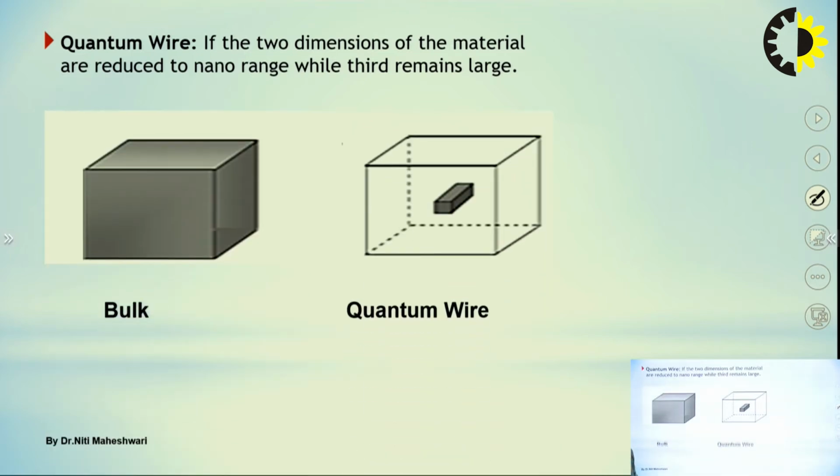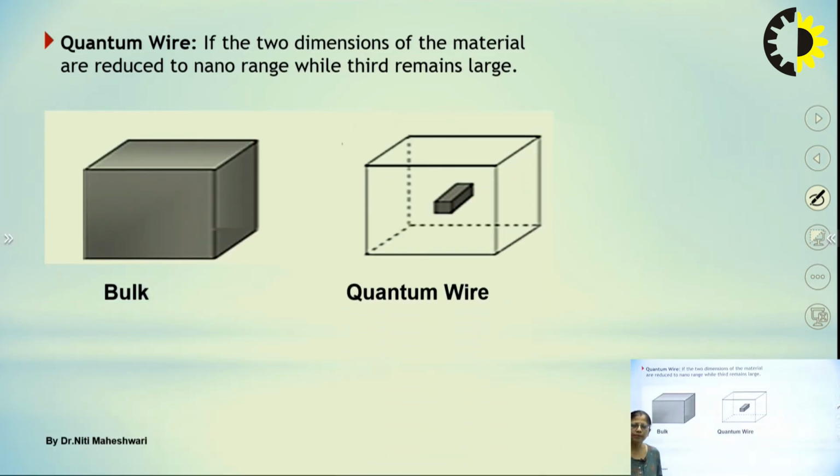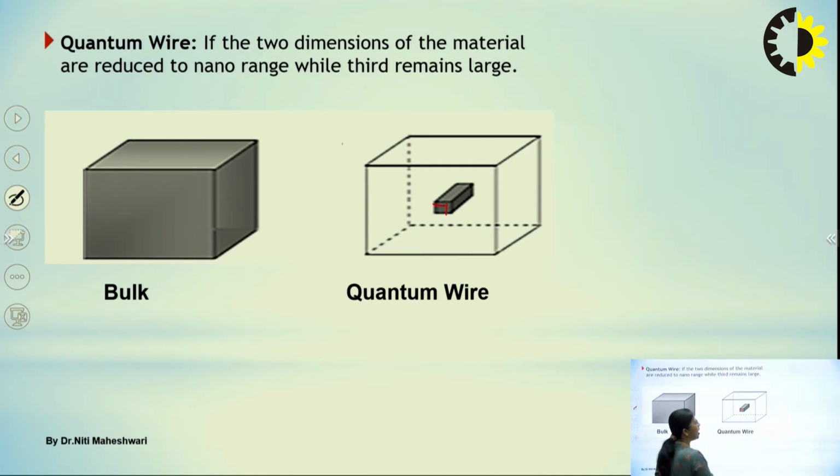Second is the quantum wire. If we convert the bulk material into the nano size in two dimensions, here you can see that two dimensions are of the nano size but one dimension is large, then it is known as a quantum wire.